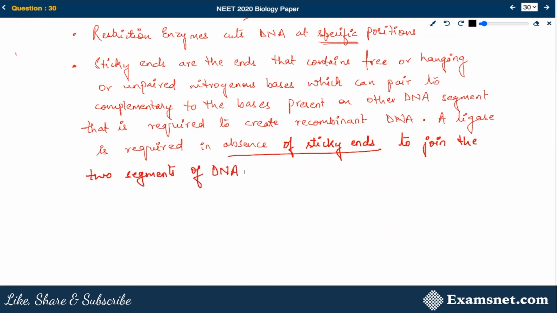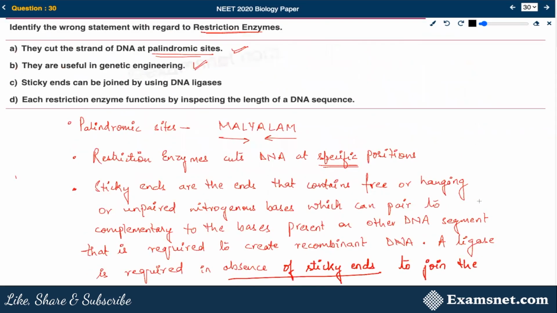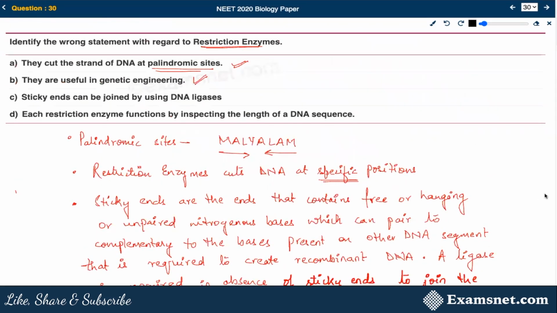All right. So this is the case. So this is the wrong statement, because these DNA ligases can only function if there is absence of sticky ends.